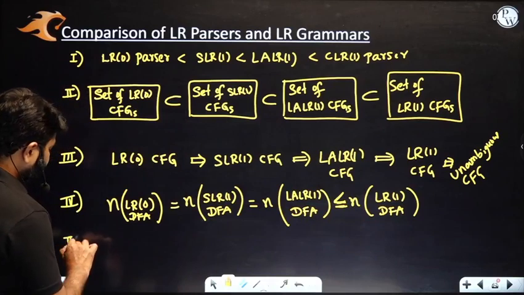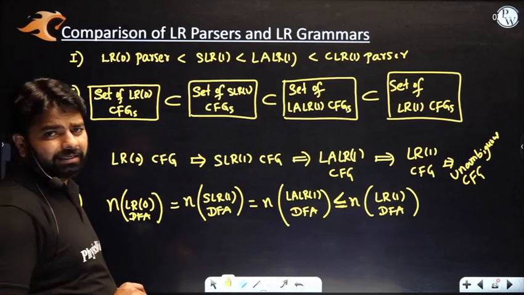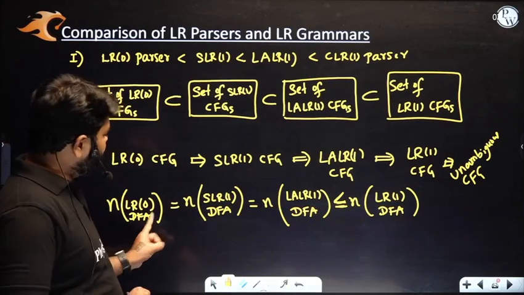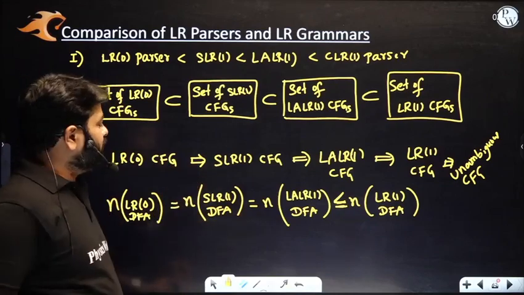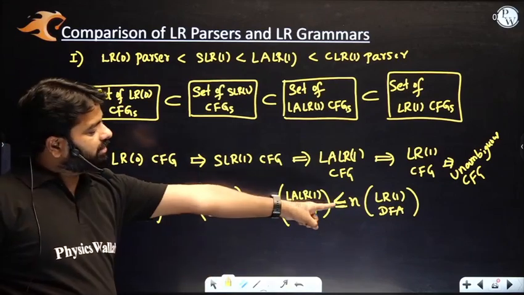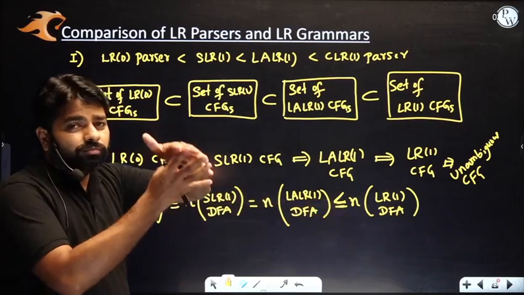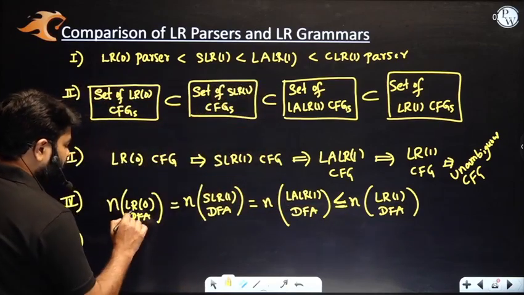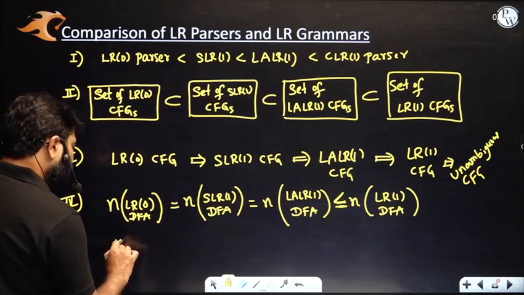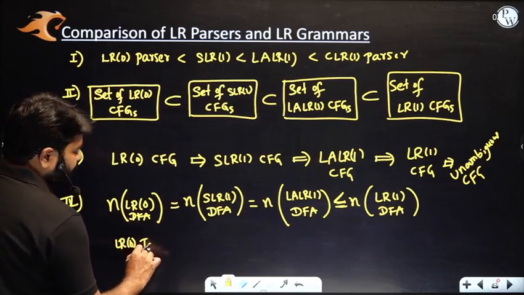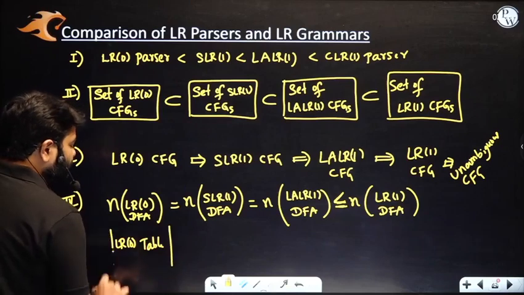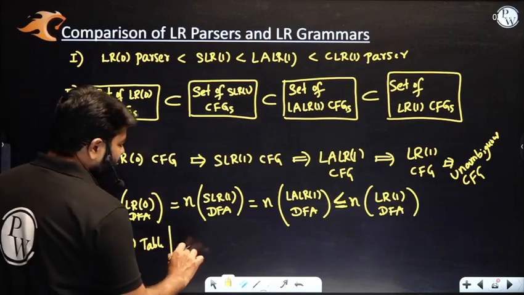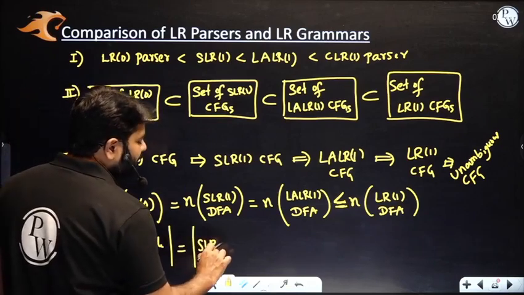Fifth point: when you look at the tables, these three tables you can build with the same size, but this table size may be bigger because of many states. You will get many rows. I can say the table size, I'll just mention LR0 table, is equal to the others in size; entries may differ again.